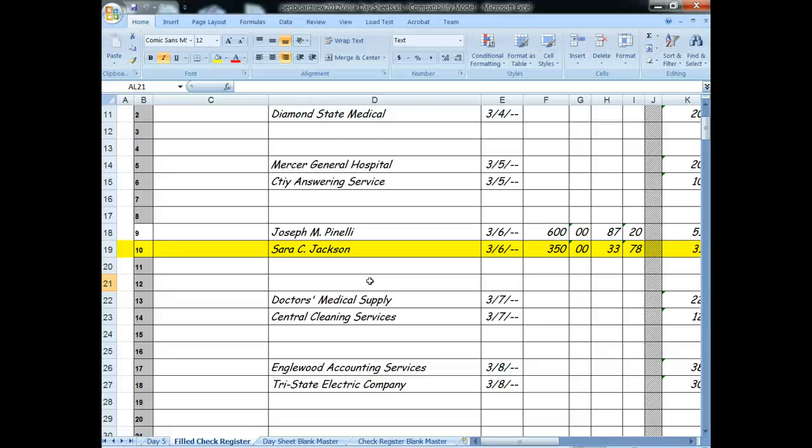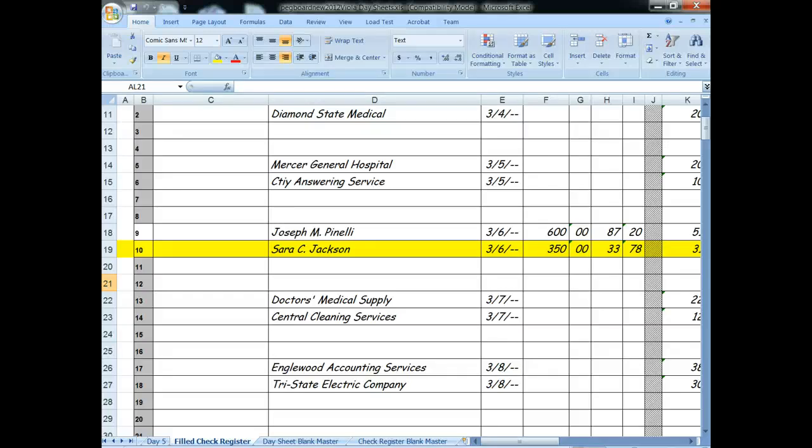The next item on the check, you're going to put the date, which is 3/6/12.